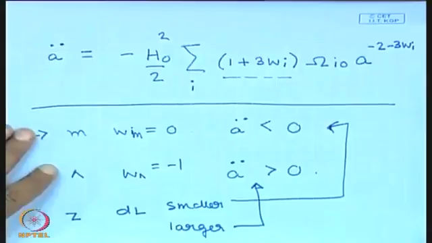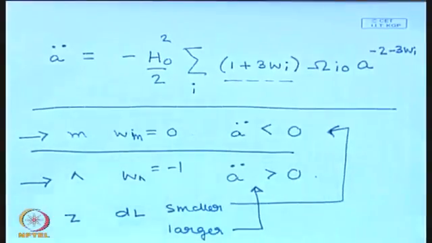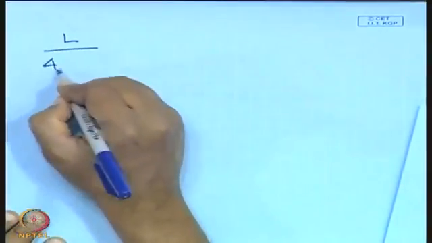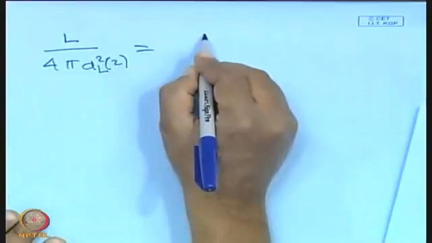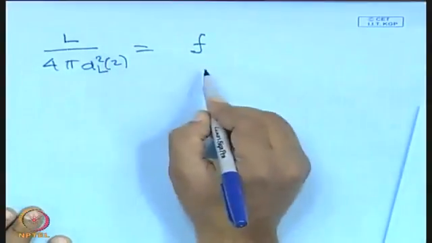Observations show that if I assume a model where there is only matter, the matter that I see or some dark matter is the only thing in the universe, and I use this, then I know the luminosity of the supernova, I can predict the flux. So I can predict how faint the supernova should be.